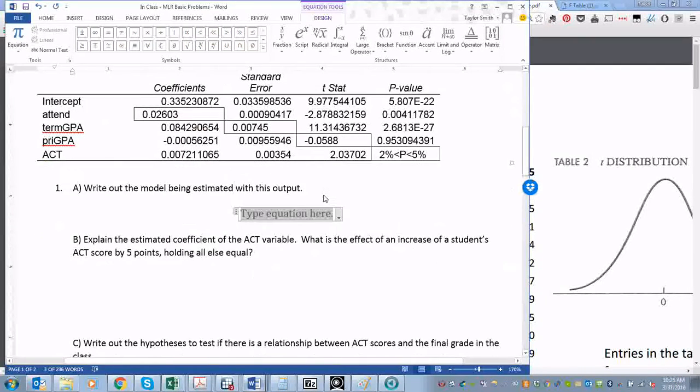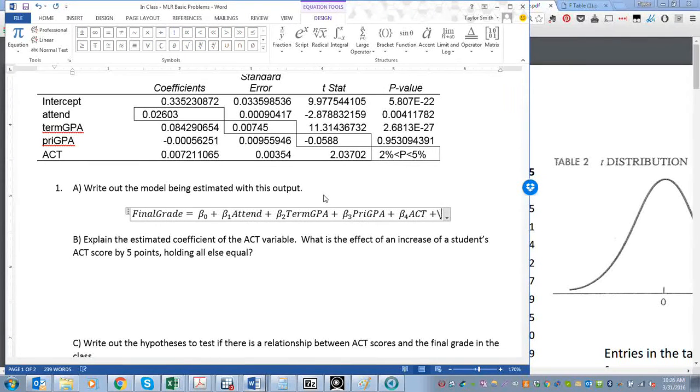So we're going to say your y, the final grade, is equal to beta 0 plus beta 1 times our first x variable, which is A10, so we'll write A10 there, plus beta 2 times term GPA plus beta 3 times prior GPA plus beta 4 times ACT plus epsilon.